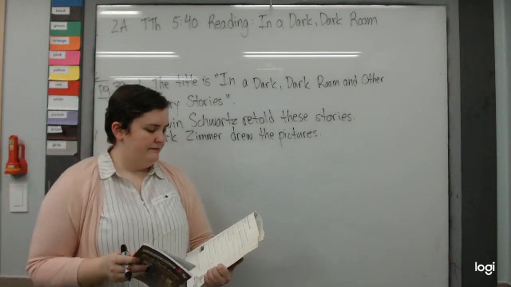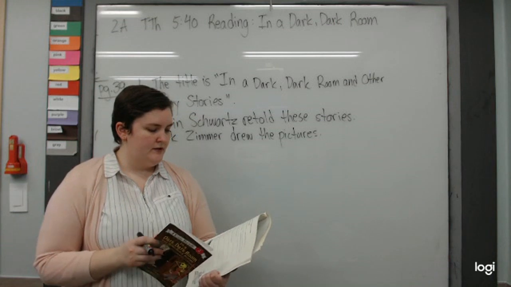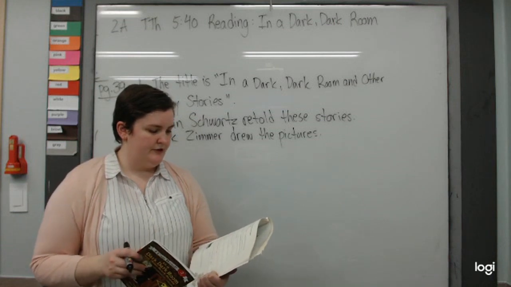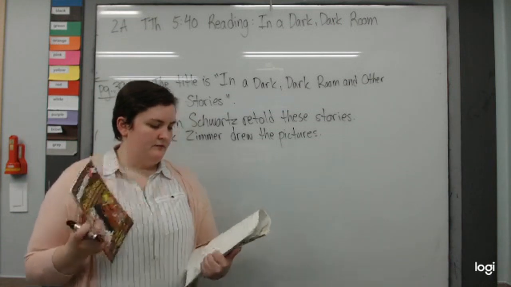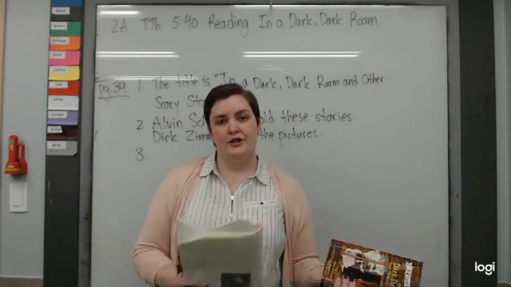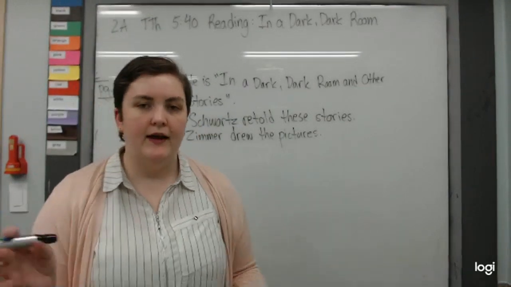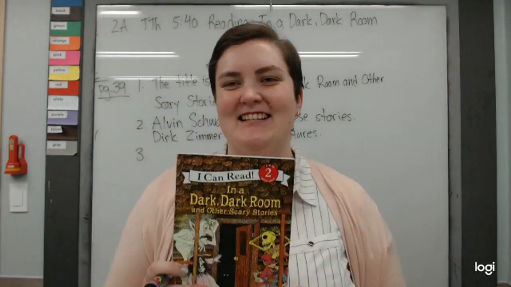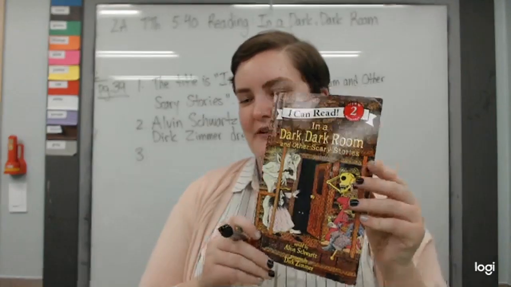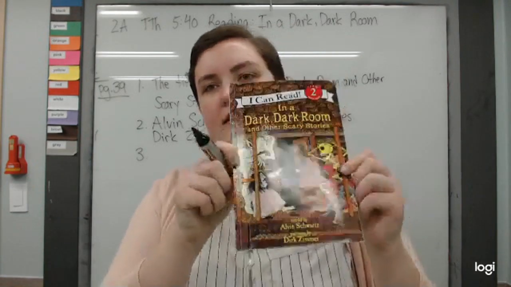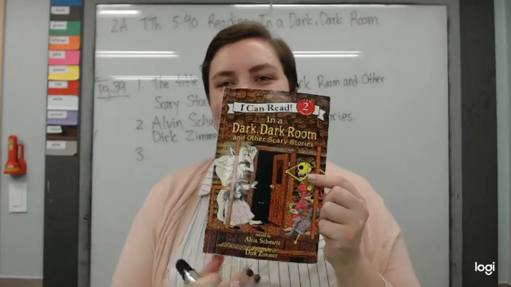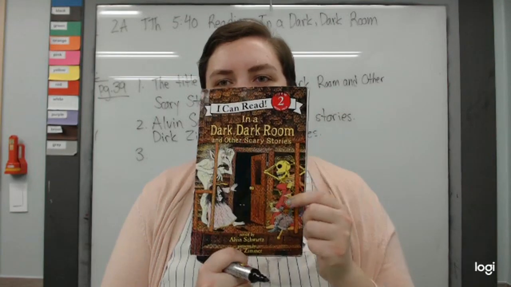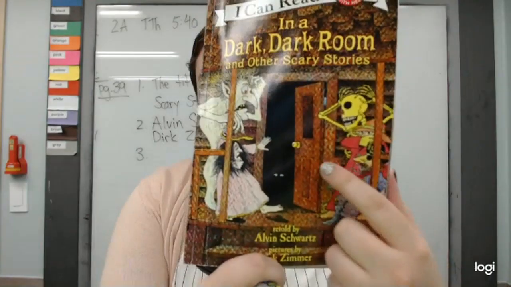Number 3, what do you see in the picture? So this is also different depending on which version of the book you have, if you have old or new. But I will come a little closer, and let's look at the old book. So the old book, there's a skeleton right here, and then here, this guy is a pirate.